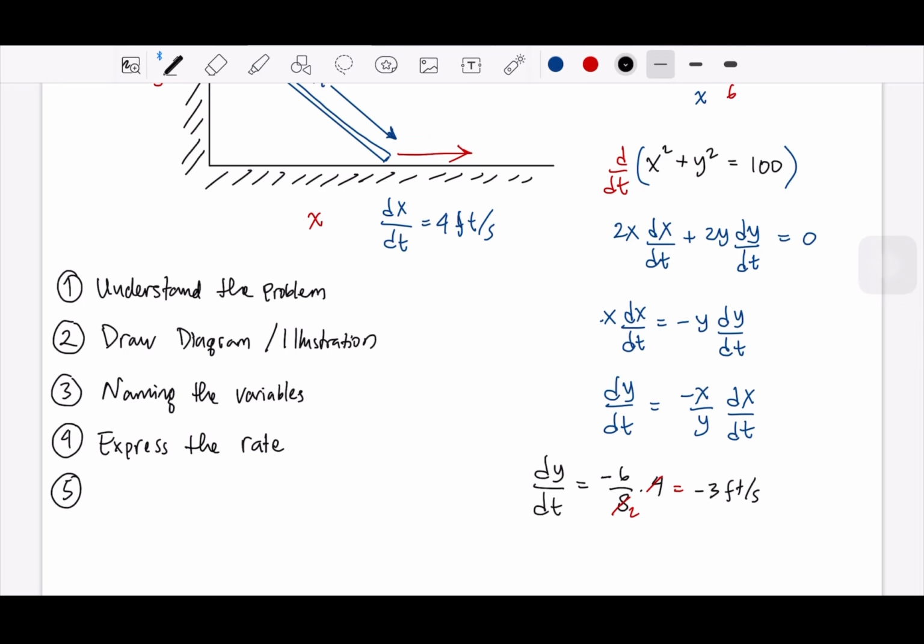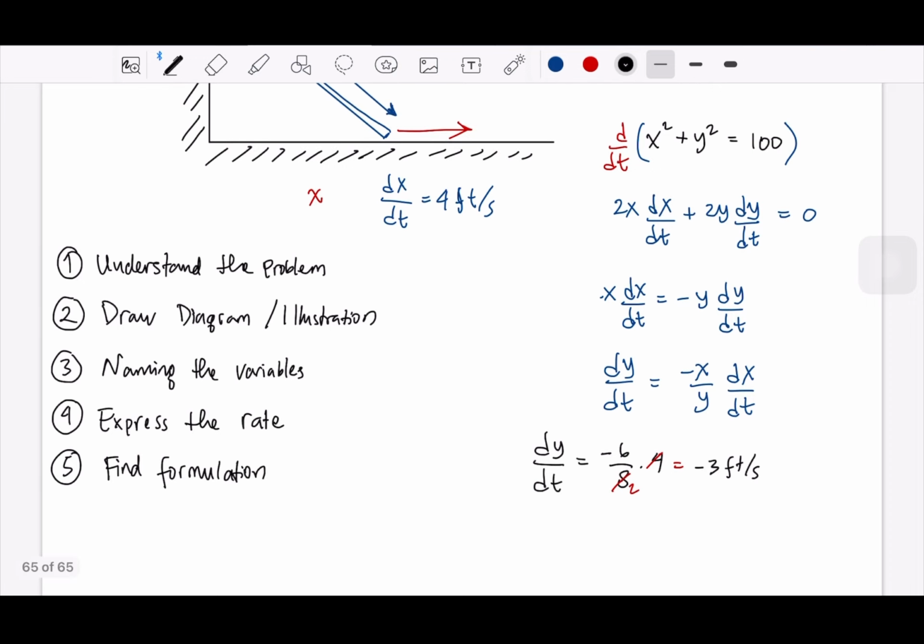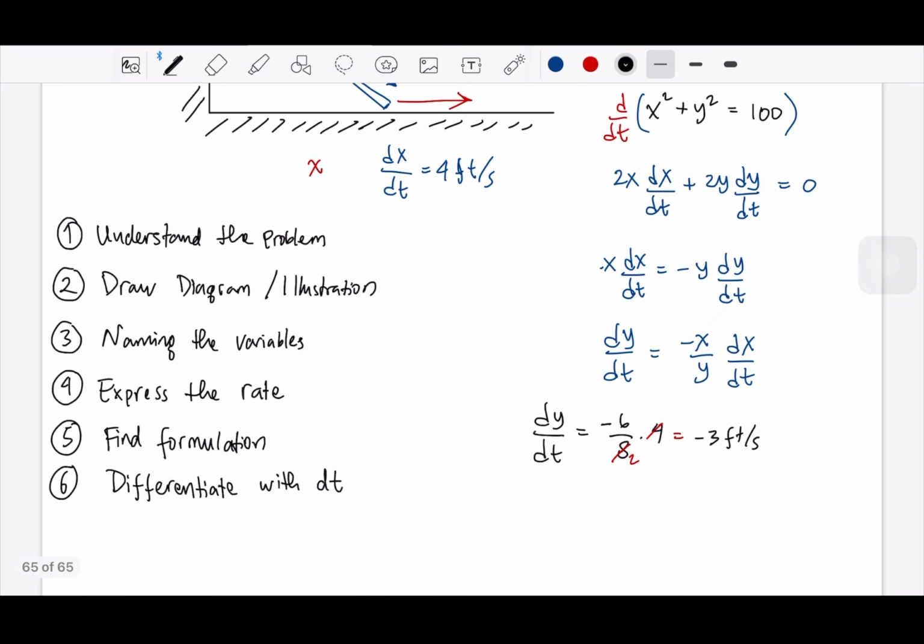Five, find the formulation. Differentiate with respect to t. Substitute the information.